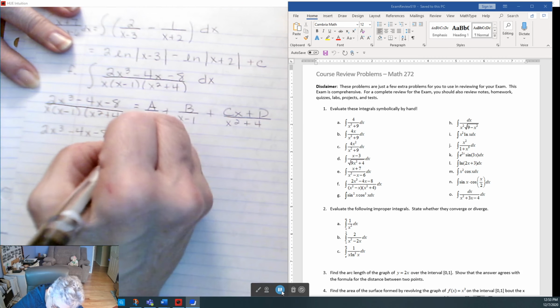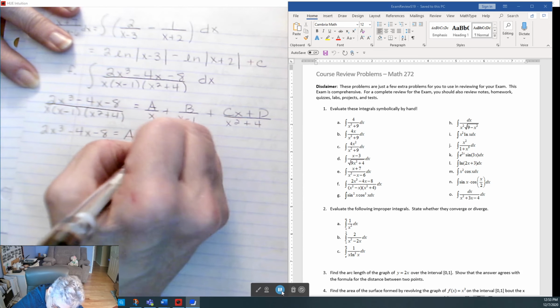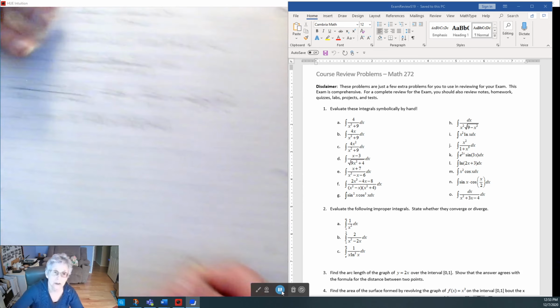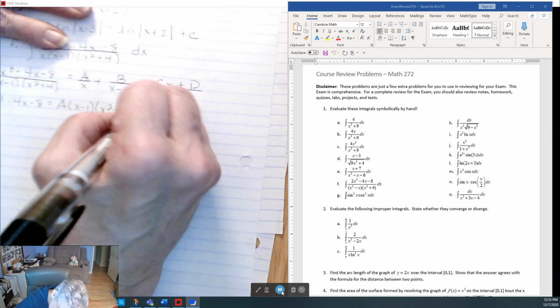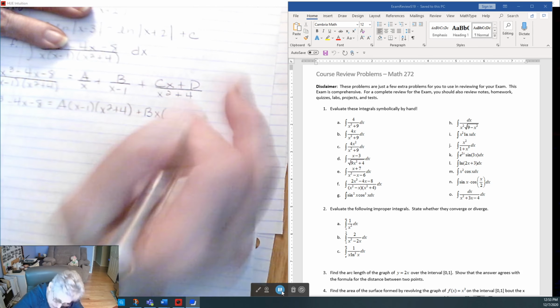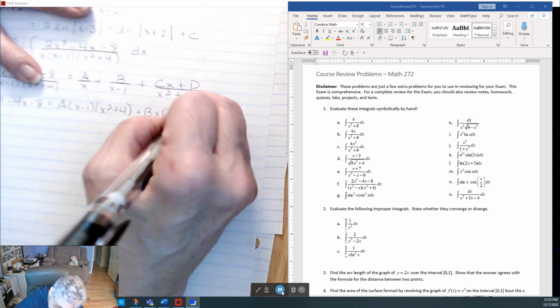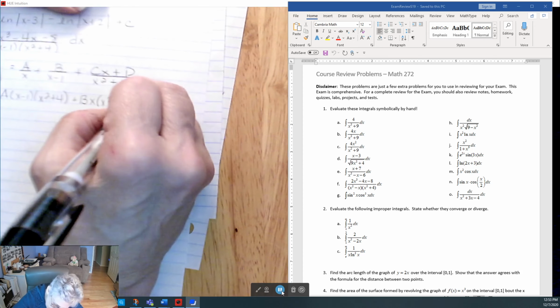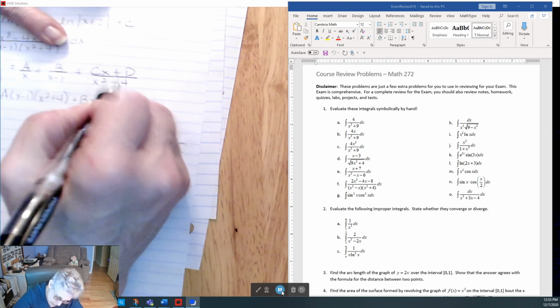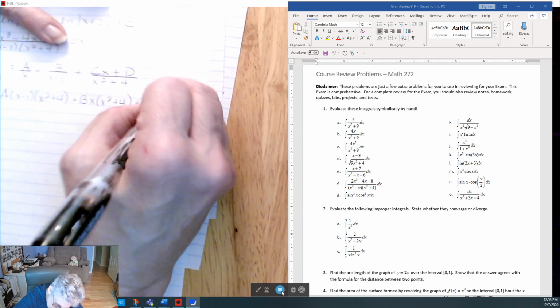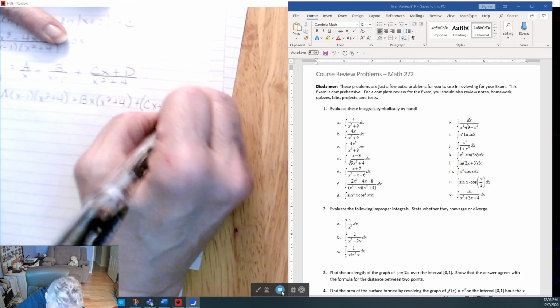The x cancels, so I'm left with a times x minus 1 times x squared plus 4. The x minus 1 cancels, so I'm left with b times x squared plus 4. And the x squared plus 4 cancels, so I'm left with cx plus d times x minus 1.